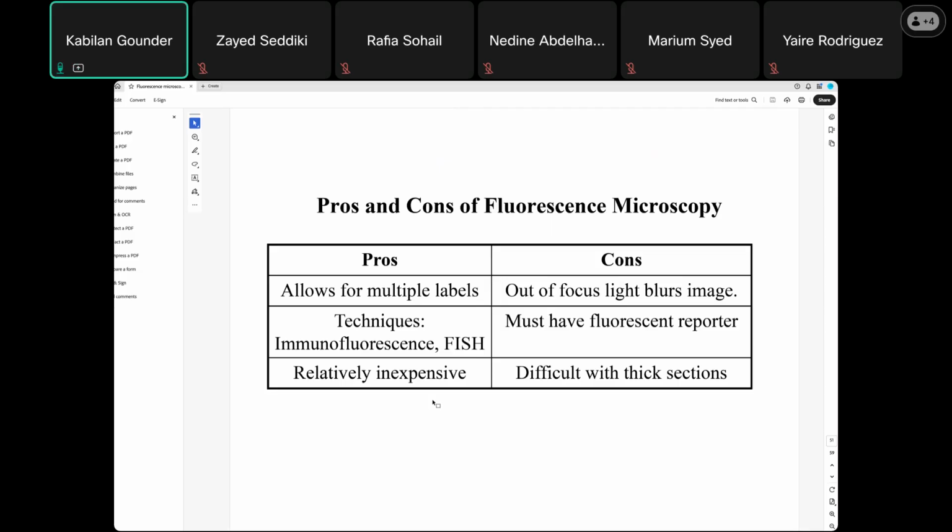The advantage is that you can do not only one protein or one color, you can do multiple. Also, you can do the FISH technique, and also this is not a very expensive technique. Compared to other microscopy techniques, which are expensive, fluorescence is less expensive.